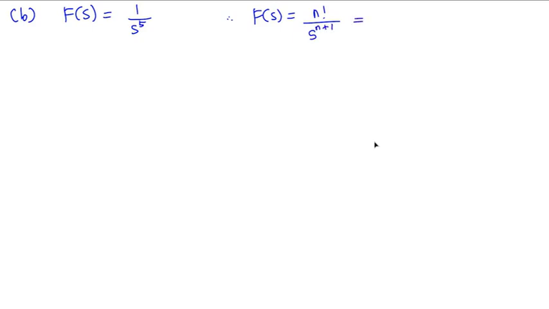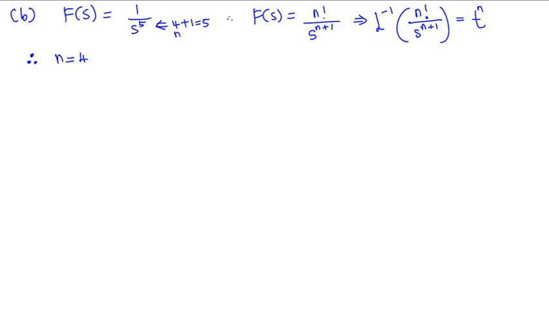So Laplace inverse of n factorial divided by S power of n plus 1 is equal to t power of n. So for this question n is 4, and 4 plus 1 you get 5, so n plus 1.